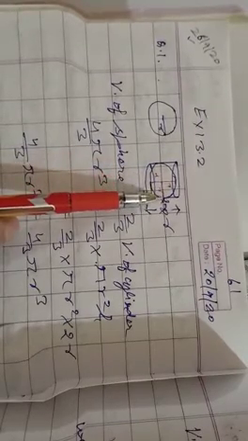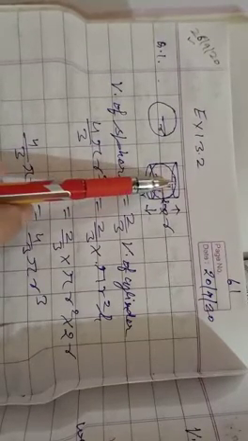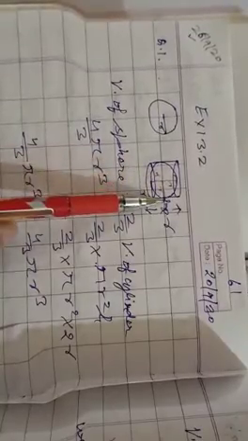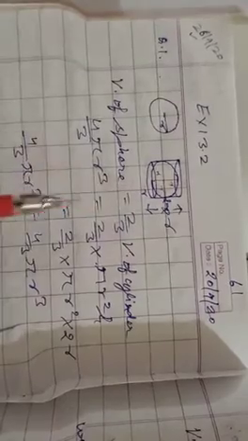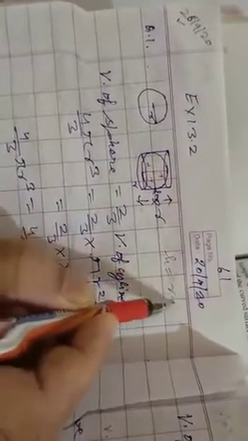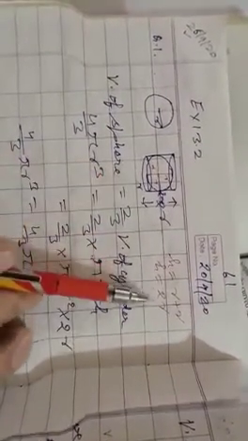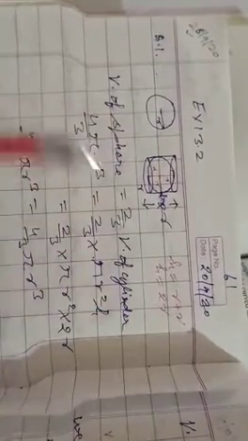This is radius, this is also radius: r plus r is 2r, so h is equal to 2r. The height of the cylinder is equal to the diameter of the sphere.